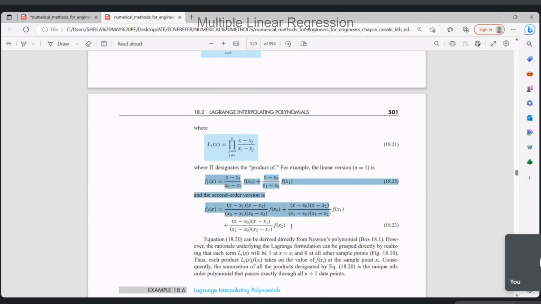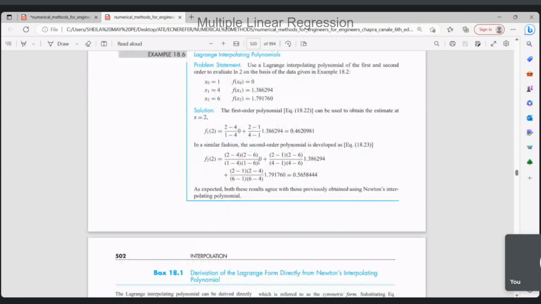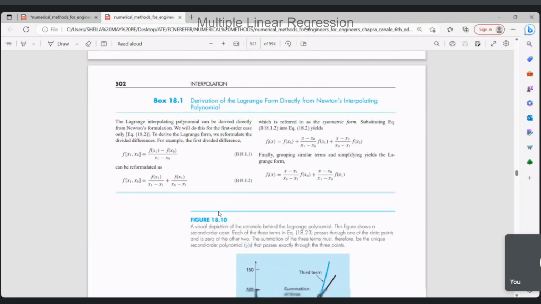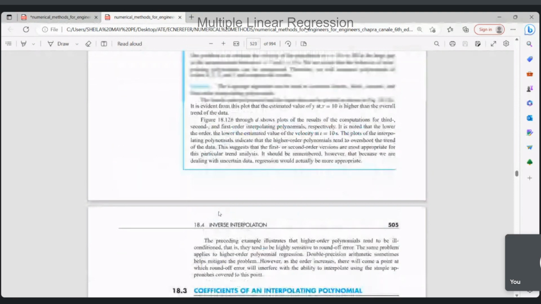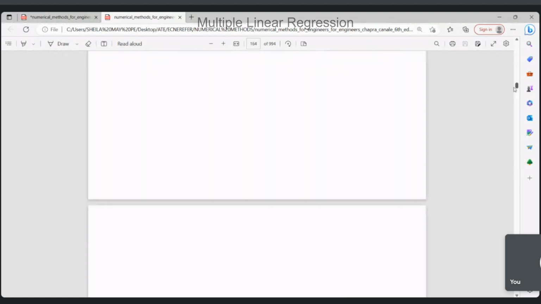In second order, naa na iyang second order. Okay, this is the second order for the Lagrange. And this one here is the problem statement here. Naa na yung mga formulas. So, di sa ta magtabi anang Lagrange class kay basin makutaw tanan ato utok.